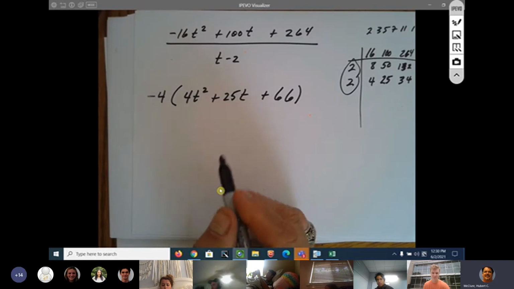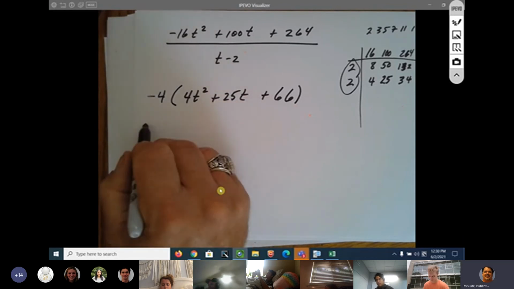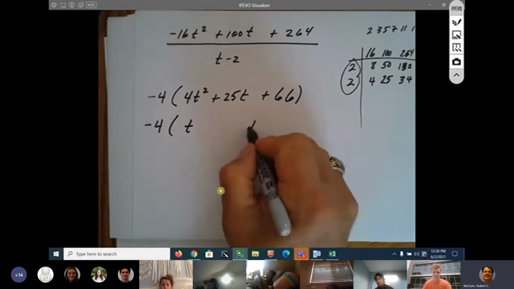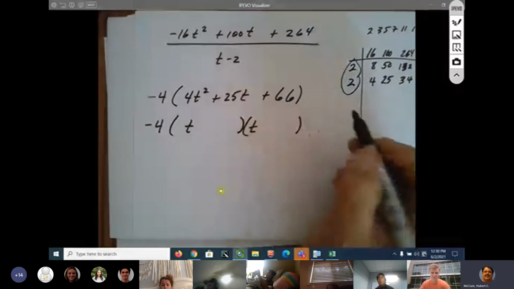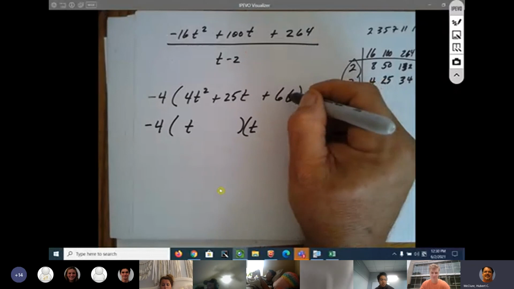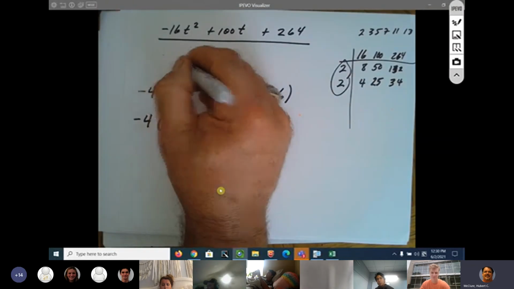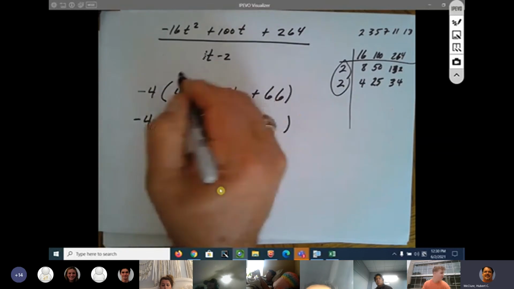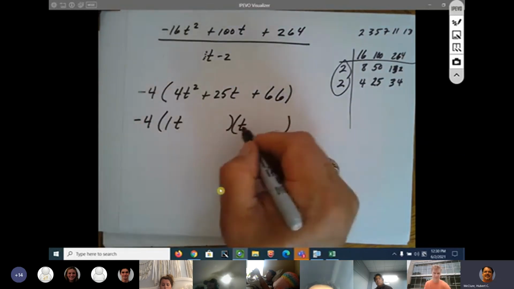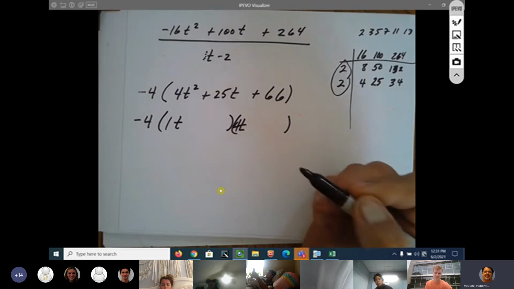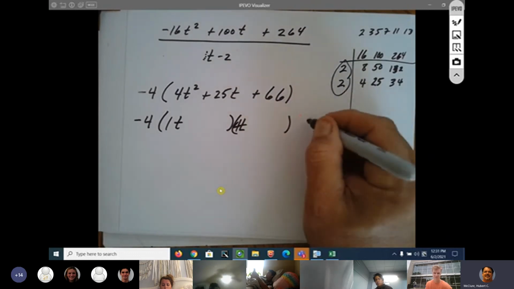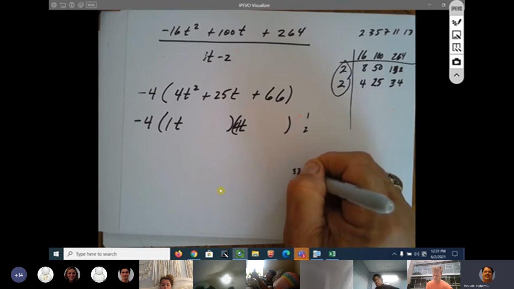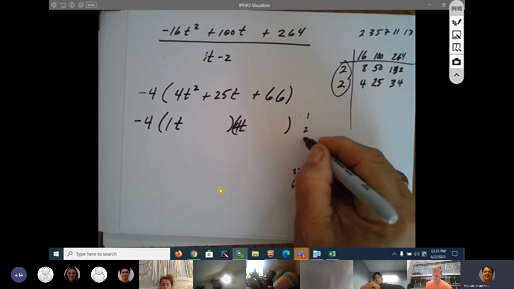Oh, that's yucky. So negative 4, and then t and t, and the multiples of 36. These 1 and 4, 2 and 2. But we know this is 1, so chances are it's going to be 1 and 4. So 1t and 4t, and 66 is 1 and 66, 2 and 33, 6 and 11.